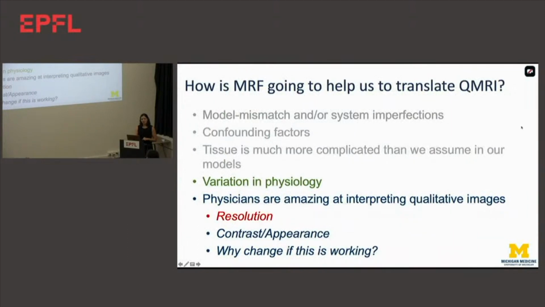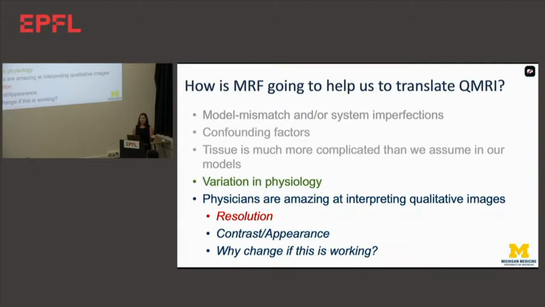Finally, the fact that physicians are just amazing at interpreting these qualitative images, right? We've got to try to do something to convince them, and this first starts with us. So I do want to bring up this elephant in the room for anybody who does fingerprinting. Often we would rather be fast than get to a higher resolution image. And so what we end up presenting to physicians are these maps that we think look really cool, but they just think they look really blurry because the resolution is not what they're expecting to see.